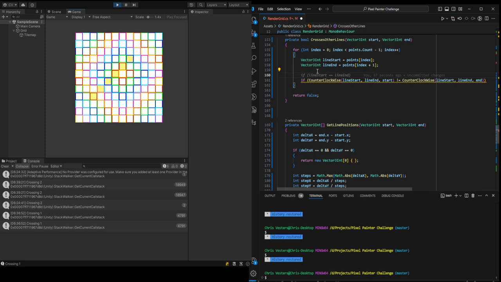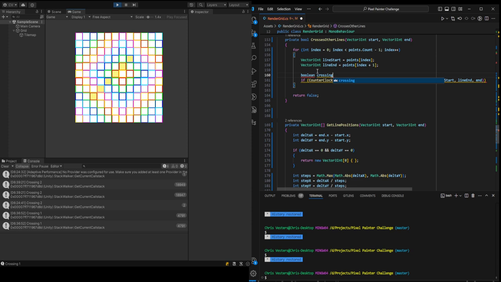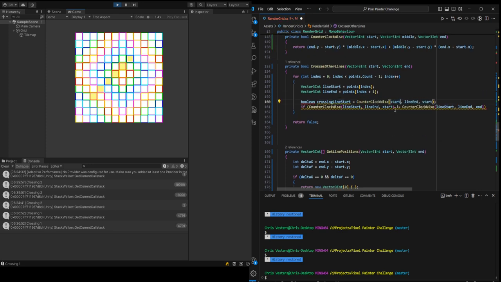Okay, Boolean crossing: line start equals counterclockwise, not line start, that's AC, that's start with CD, with line start, line end.